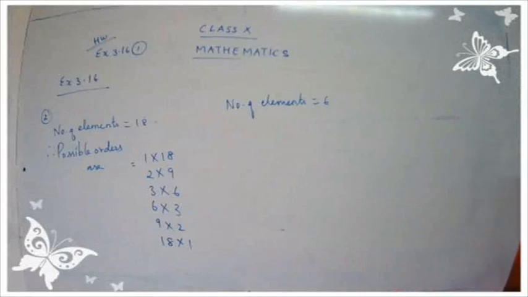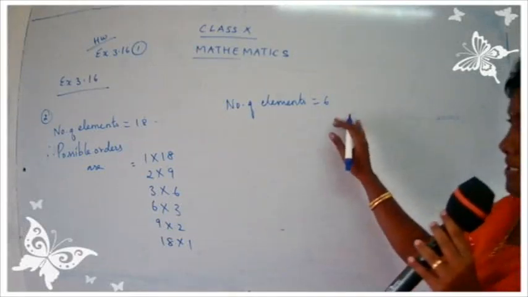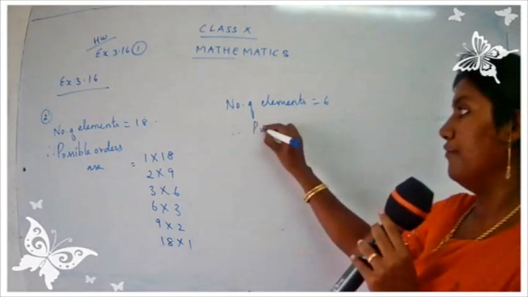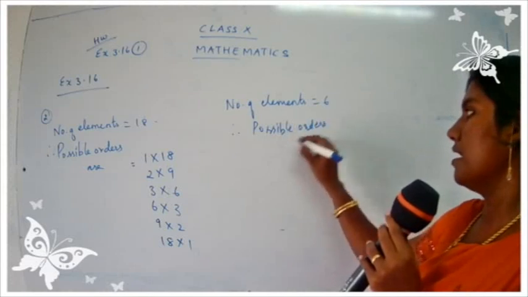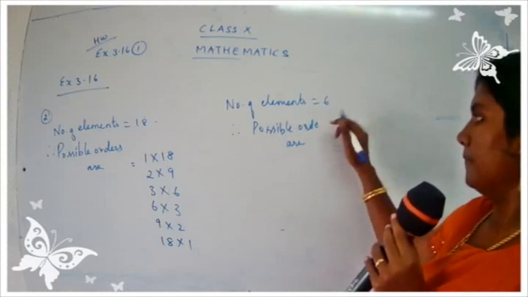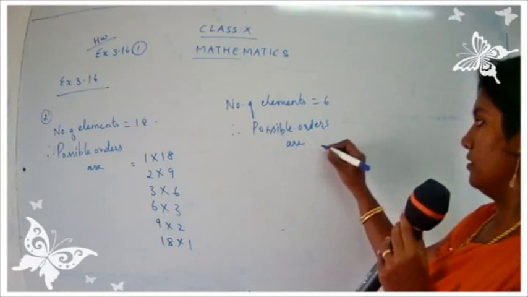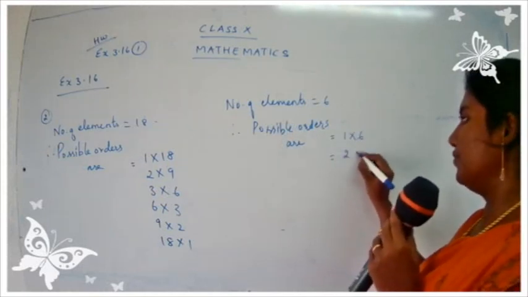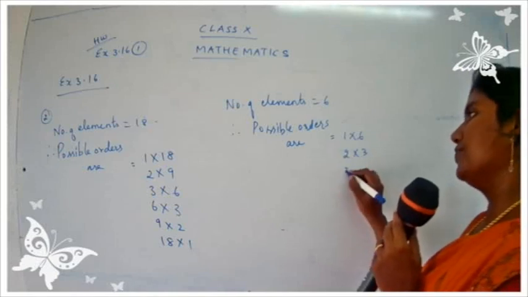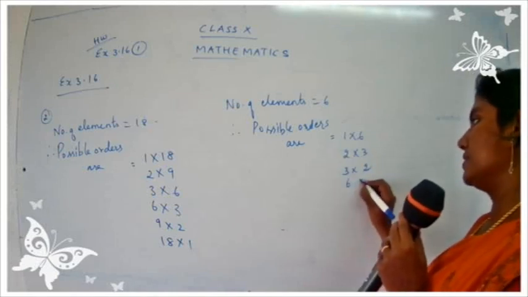They have told you first for 18 elements and then they are asking for 6 elements. So number of elements is equal to 6. Therefore, possible orders are 1 into 6, 2 into 3, 3 into 2, 6 into 1.